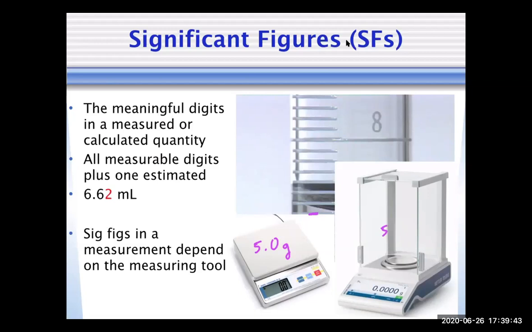And I believe we wrote 5.272 grams, and I would say that was 5 significant figures. So 2 sig figs for this balance and 5 sig figs for a better balance. Your significant figures depend upon the tool that you are using.